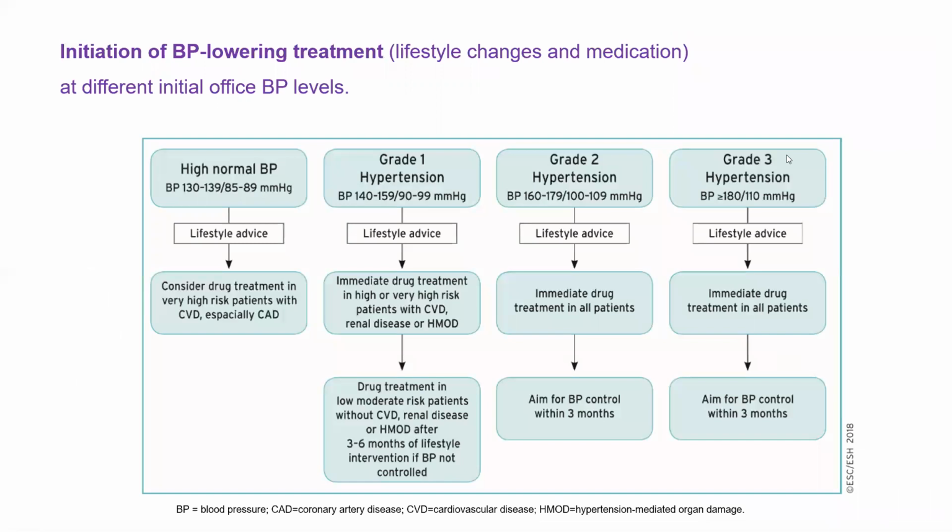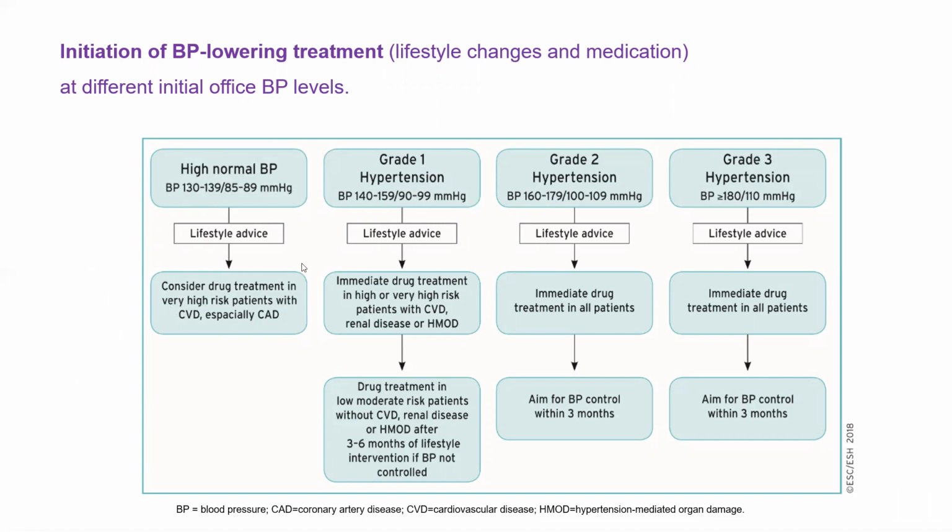Initiation of blood pressure lowering treatment, lifestyle changes and medications at different initial office blood pressure levels is presented in this slide. We take into account the degree of increased blood pressure, for example grade 1, grade 2, or grade 3 first.